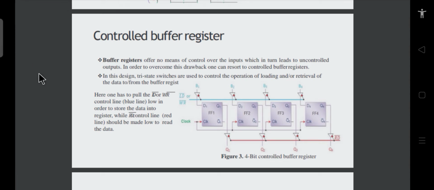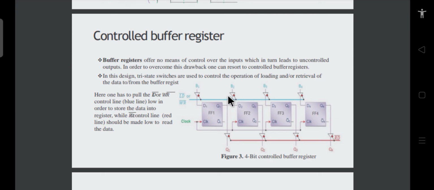These are circuits in which you have some control in writing the input, because in the previous case we didn't have any control on the input word. Whenever the bit word appears and the clock appears, the output gets written.